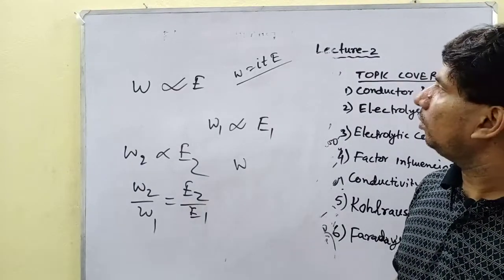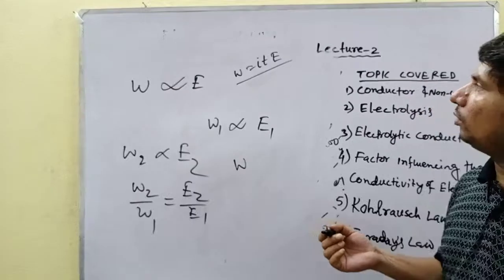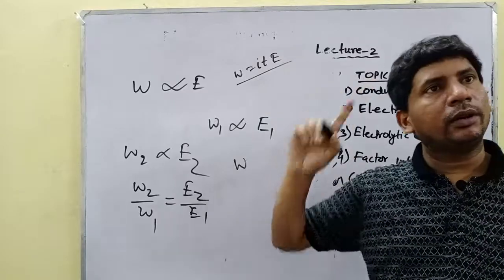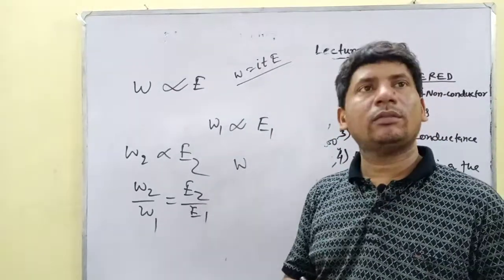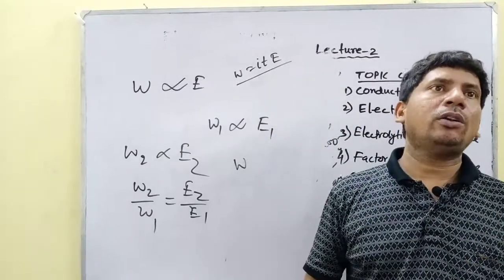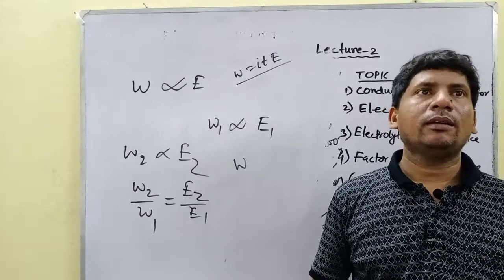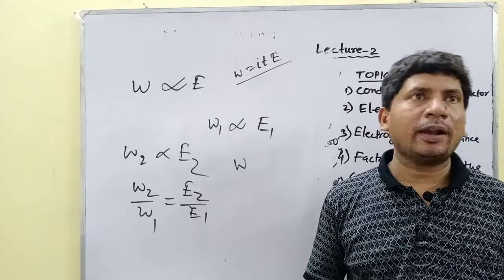So W equal to I into T into E. Then this is a very important part. That means W equal to IT E by F, where F is the Faraday.